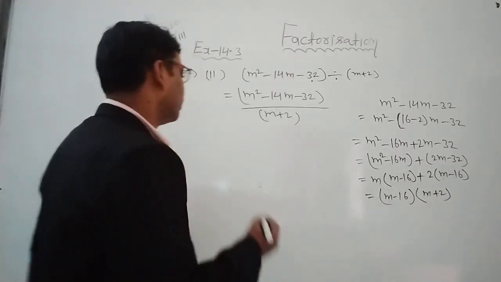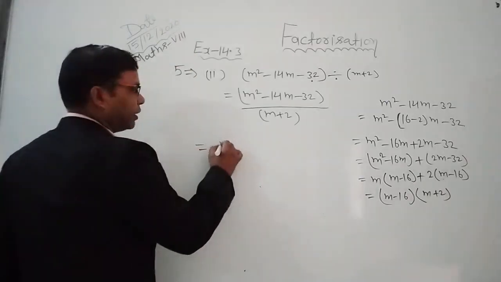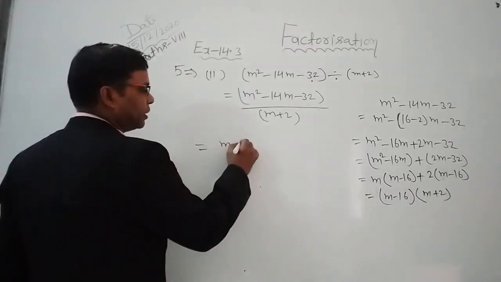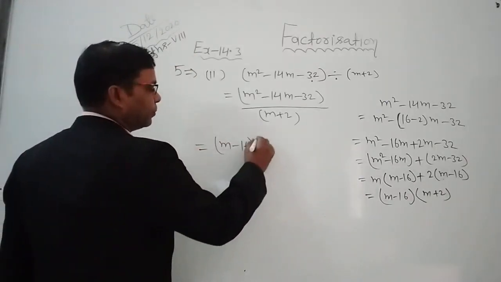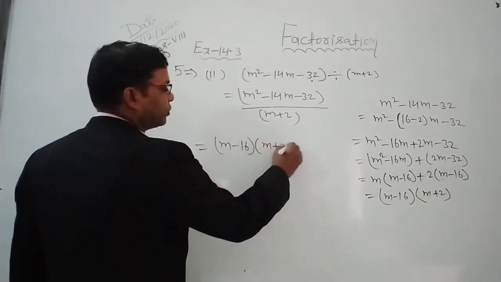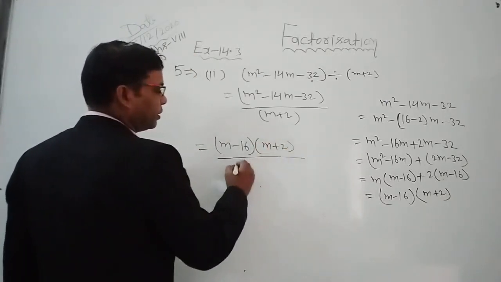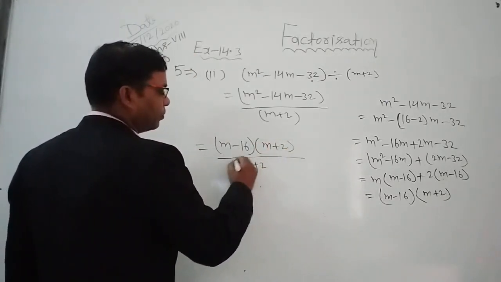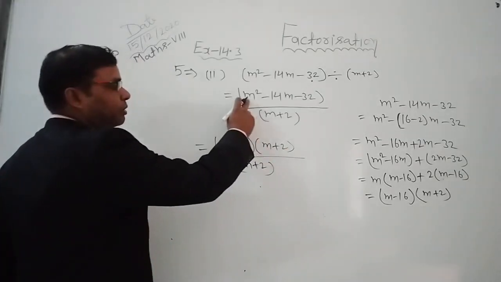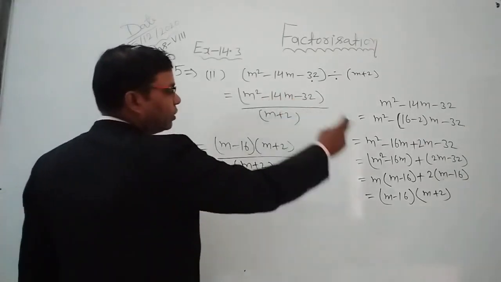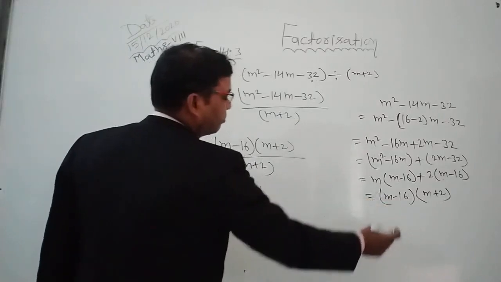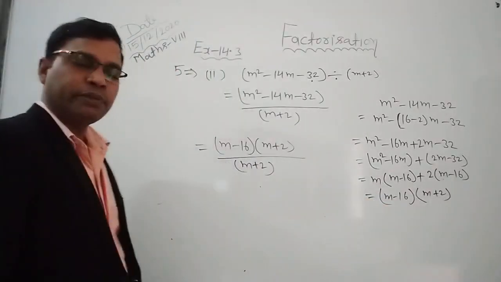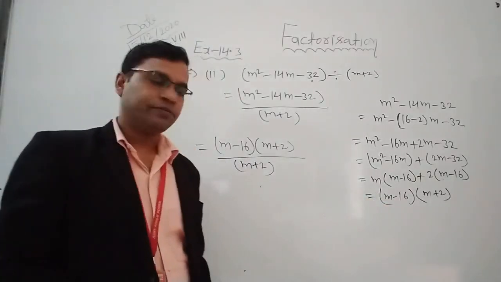Now students, here we replace m square minus 14m minus 32 by (m minus 16)(m plus 2). So you will write (m minus 16) into (m plus 2) divided by (m plus 2). This is clear.